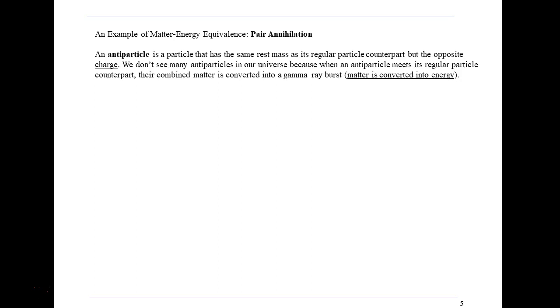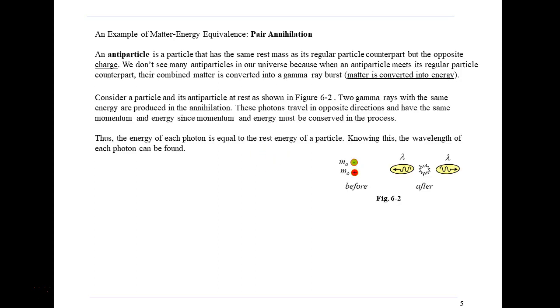The positron has the same rest mass as the electron, but positive charge, positive 1.6 times 10 to the minus 19 coulombs. Okay, but again, we don't see a lot of positrons because whenever they run into an electron, boom, they disappear and 2 photons appear. It's quite remarkable.